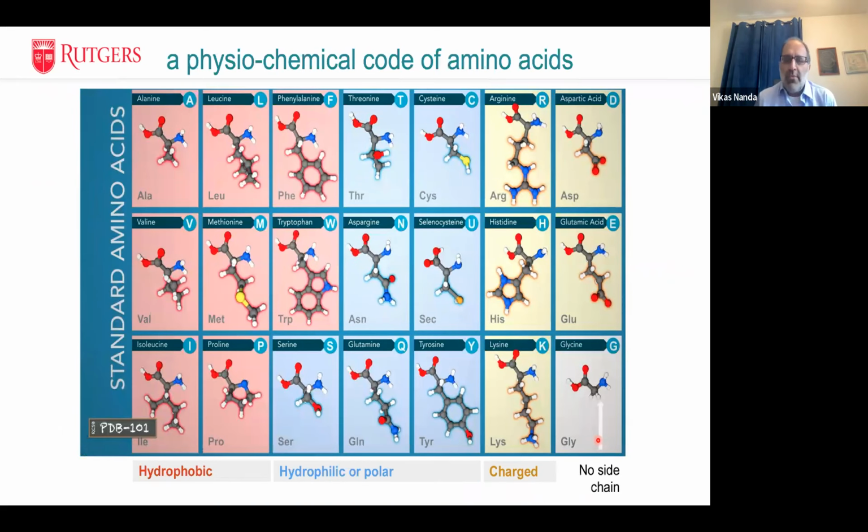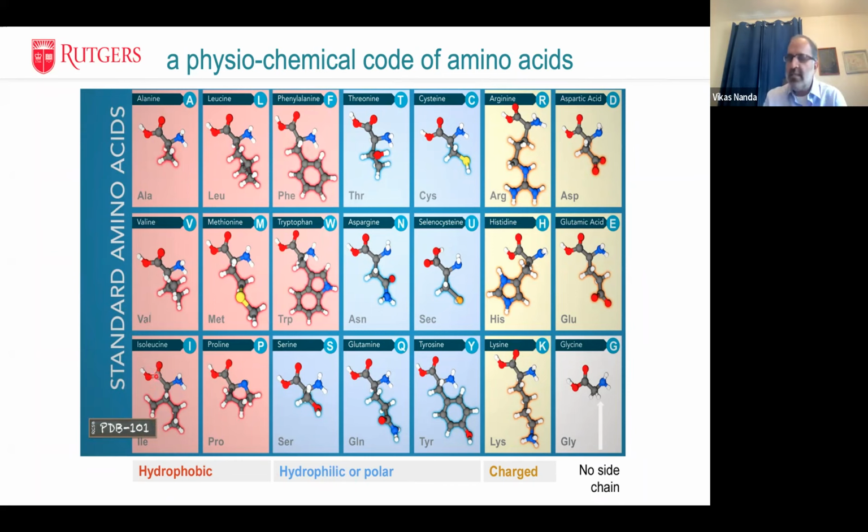And so when we make these substitutions, when we change the sequence of an existing protein, we're guided by our understanding of biochemistry. So these are the 20 amino acids that make up the alphabet of the polymers for proteins. For example, they can be classified by their physicochemical properties. If I were to look at these ones in red here, these are hydrophobic amino acids.